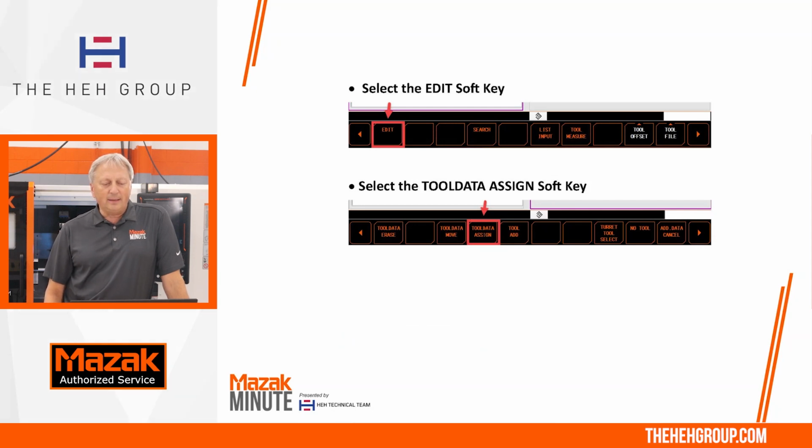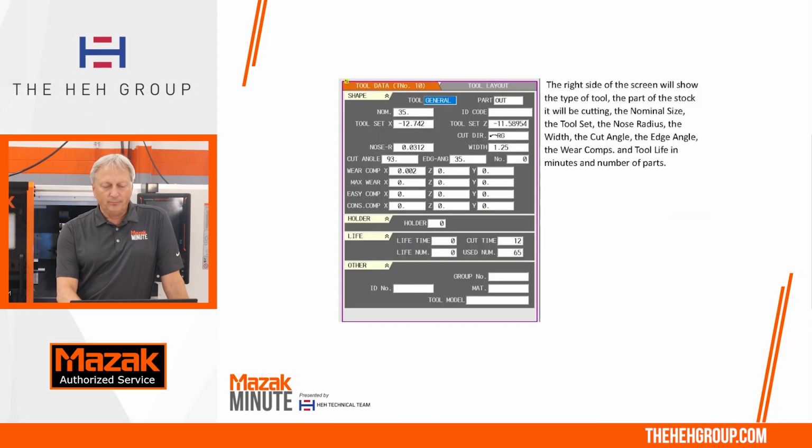To get to the edit of the screen, you're going to go on the Edit soft key, and then you're going to go to Tool Data Assign. From there, you're going to see the right side of the screen, and just breaking it up a little bit, you'll see the tool description, in this case it's a general, the part is on the outside turning, so it's out.